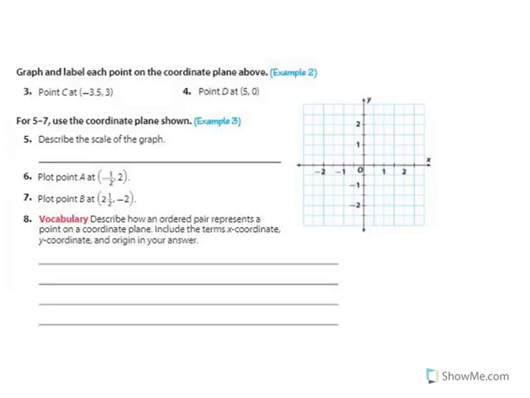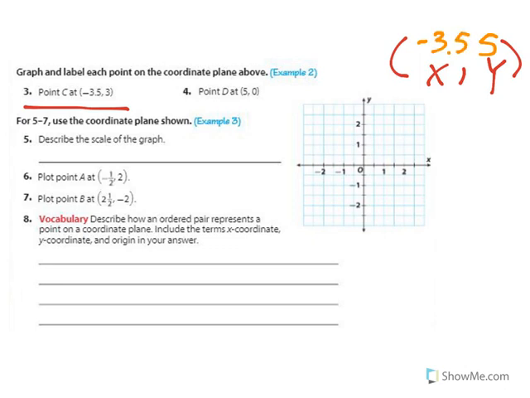Alright, graph and label each point on the coordinate plane above. Alright, so again, notice the difference, x and y. Give you a moment to do that first. Point C. Alright, so we're starting with -3.5.